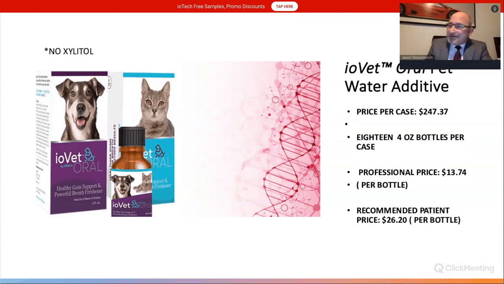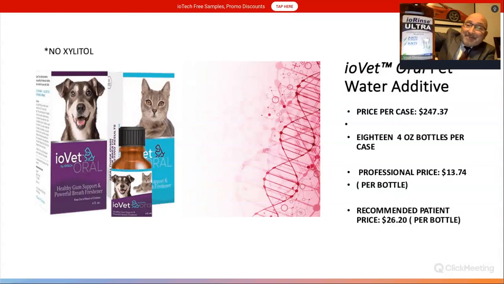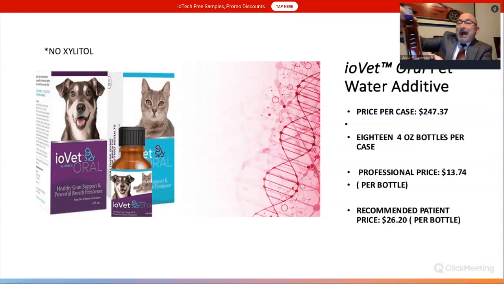You can only imagine what it's doing in the patient's mouth. I guess that's why, when iodine came out, it was known as the anti-plaque and anti-gingivitis. I tell you, when you know what this iodine does, it is truly amazing. And I've got some personal stories to tell you as well.